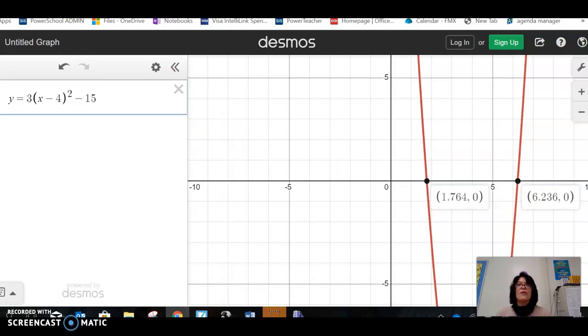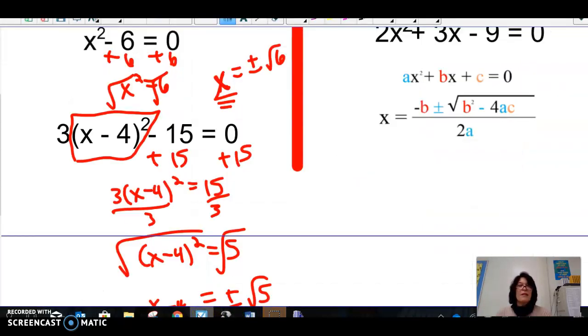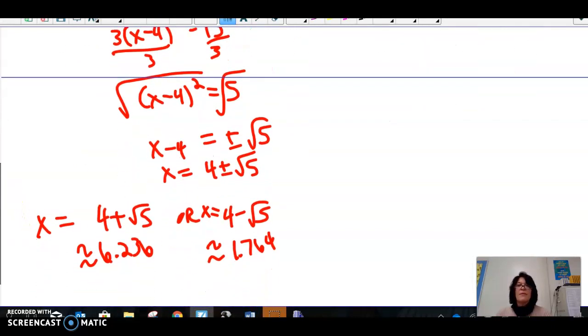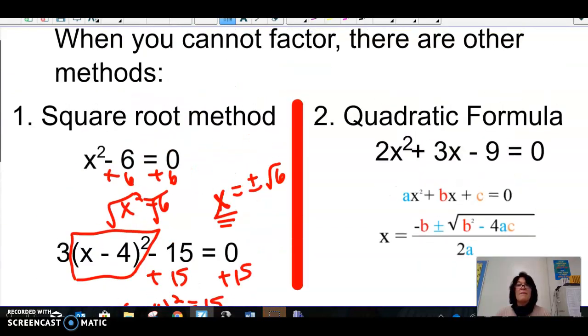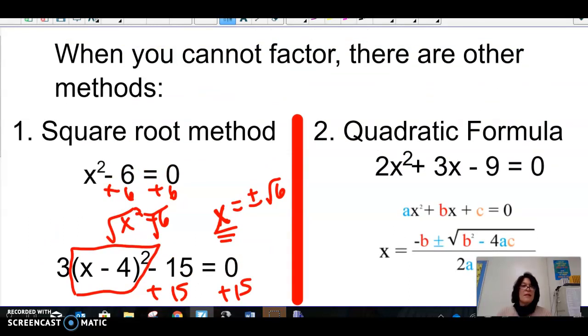That's where the zeros are. Is that what we said? 1.76, whatever. Let's see. I have to scroll down. Yep. 1.764, 6.236. Okay. Right. I'm going to stop here and just pick up the quadratic formula with the next video.